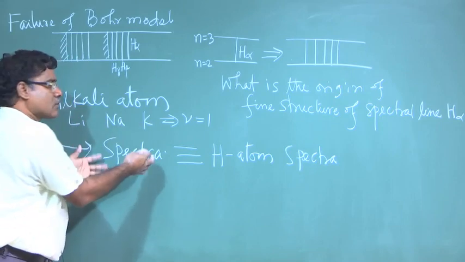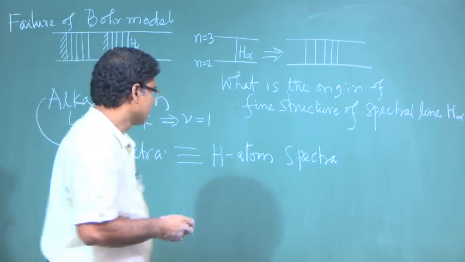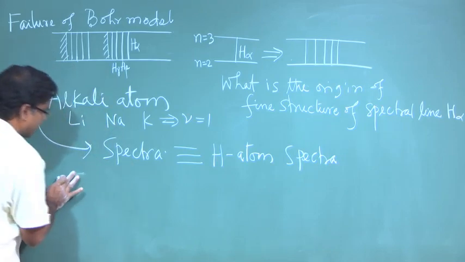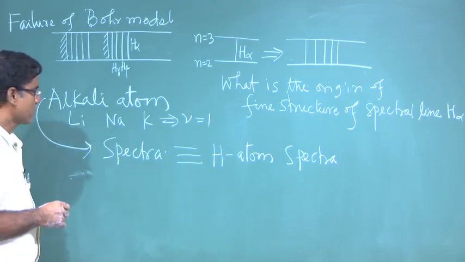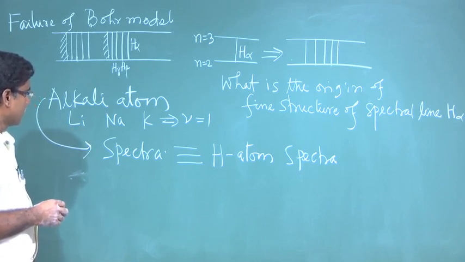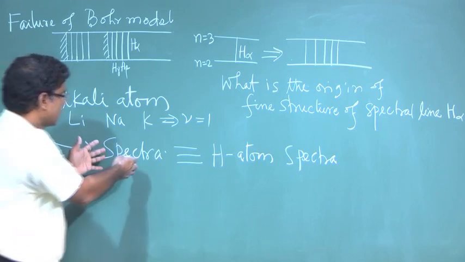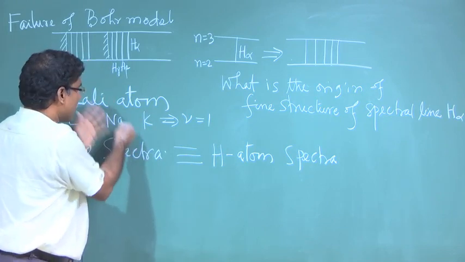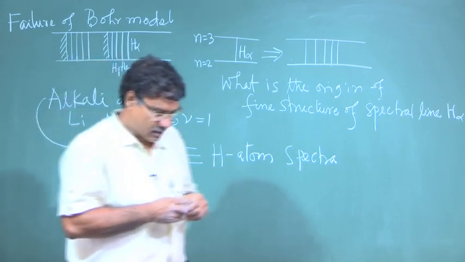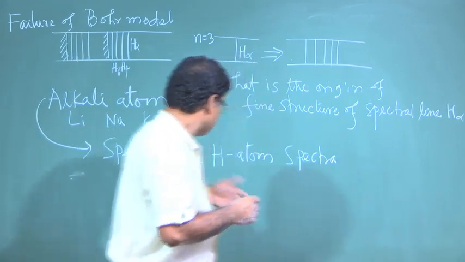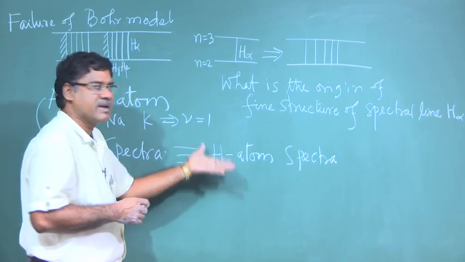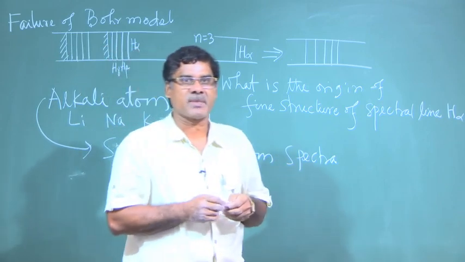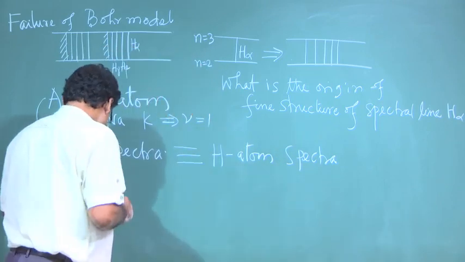This alkali atom also shows defined series. We will see later on, but it also shows different series. Okay. So, since their spectra have similarity, from the Bohr model it may be possible to explain, and that was tried.